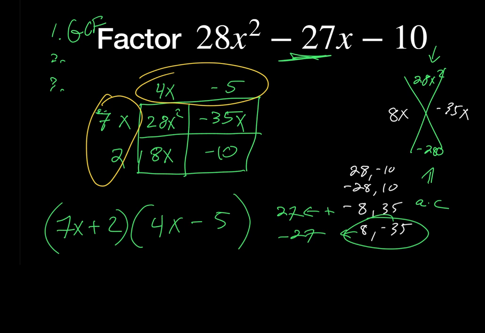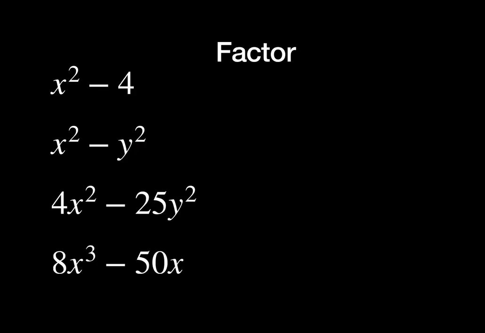All right. Up here, there's no equal sign, so I'm not solving, just factoring. Is there a greatest common factor between x squared and 4? No, there's not. Is this a special form? Yes, it is. It is the difference of squares.